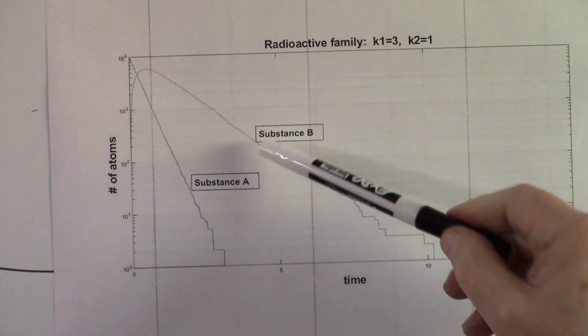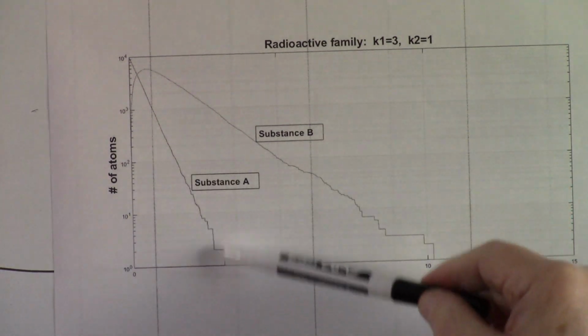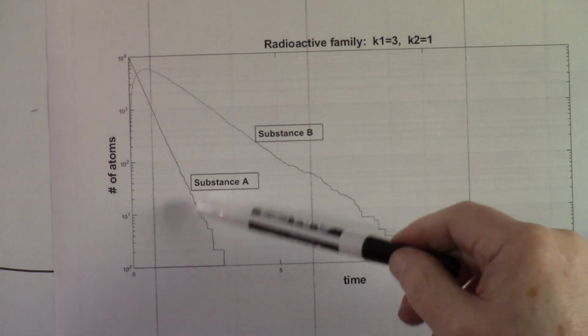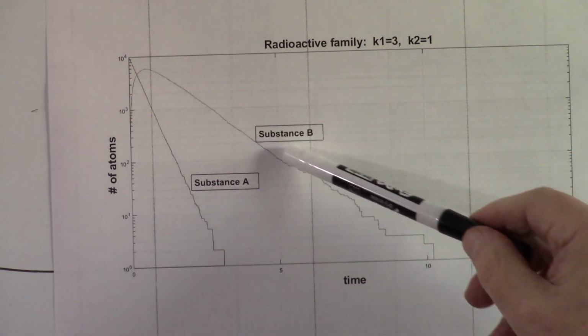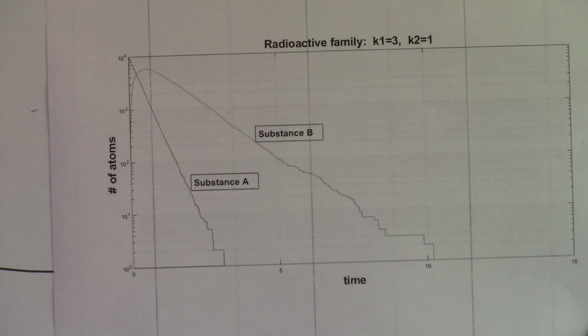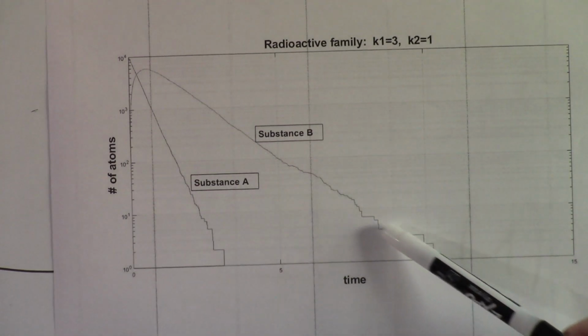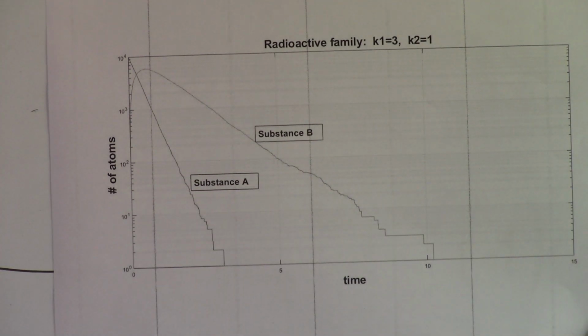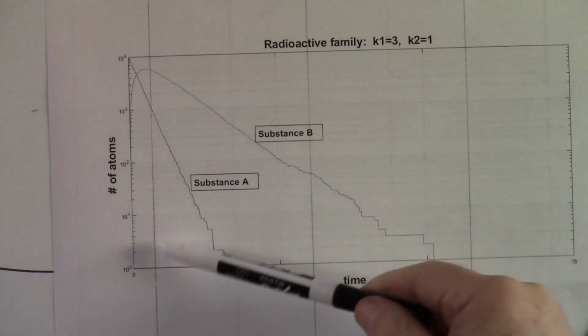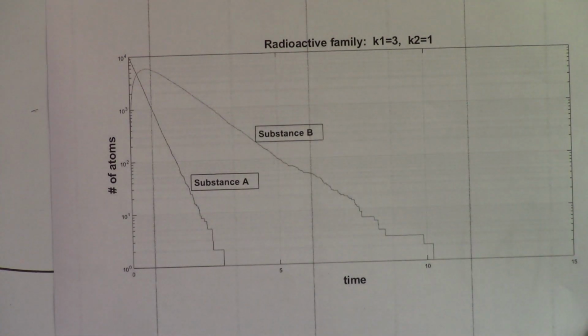So here the substance A almost completely decomposed into substance B. And so its number of atoms, its amount, decreases as an exponent, save the last piece where we have just a few atoms of B. So this is the picture for the case 1.